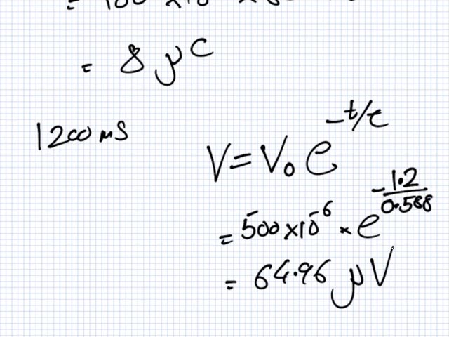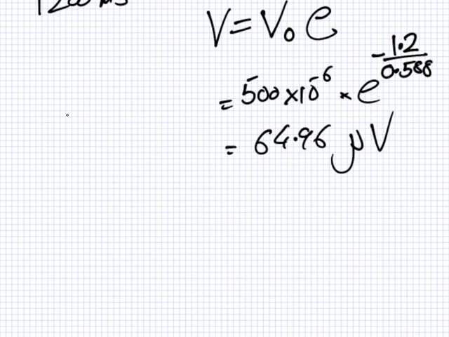What's the current? Right, how can I get the current? I equals V over R. Yes, you could do it this way. Do we know the R? Yeah, we do.